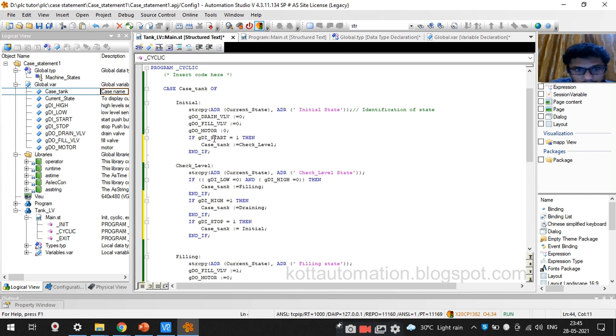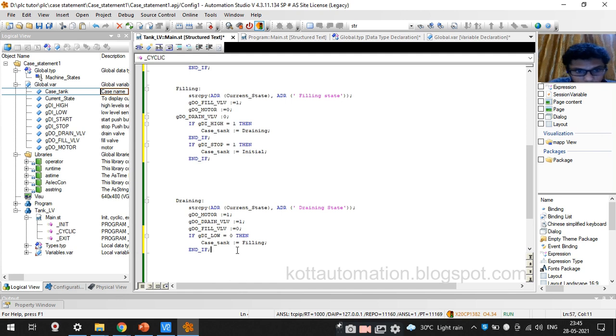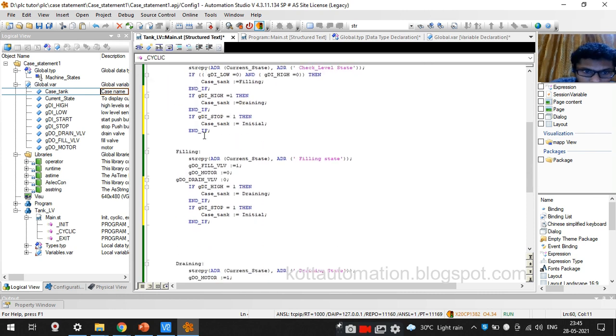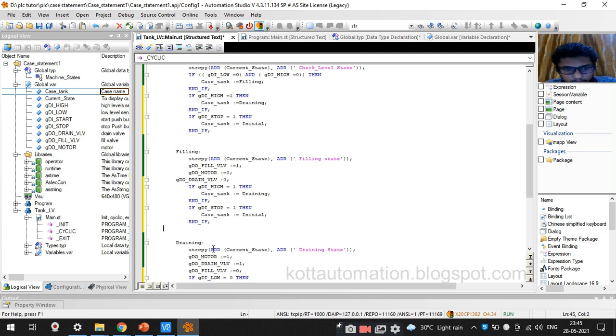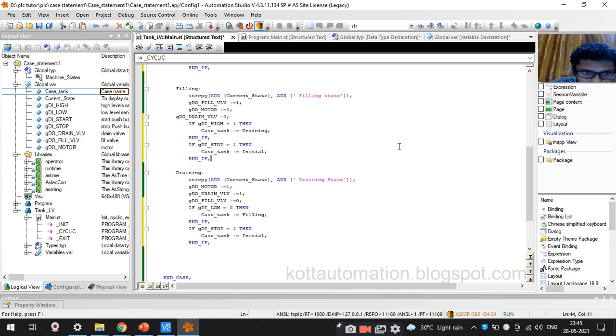Similarly during the draining cycle also, if I'm pressing stop, it must go to the initial state. So we have written down the logic here.